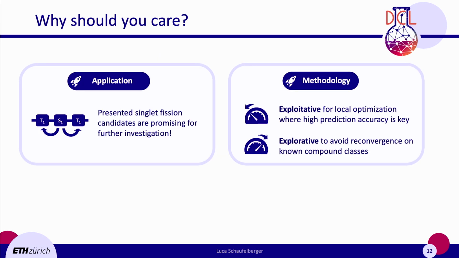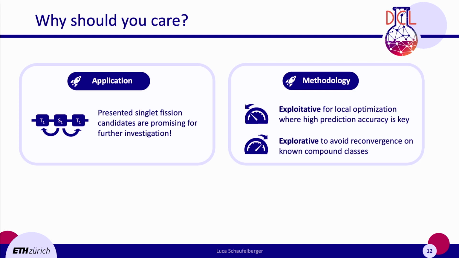So to summarize, why should you care about what I've been talking about in the last few minutes? If you're interested in the chemistry and the application, we've presented singlet fission candidates that have very nice properties, and these are promising for further computational or experimental investigation.